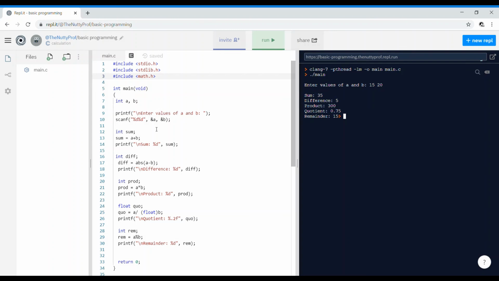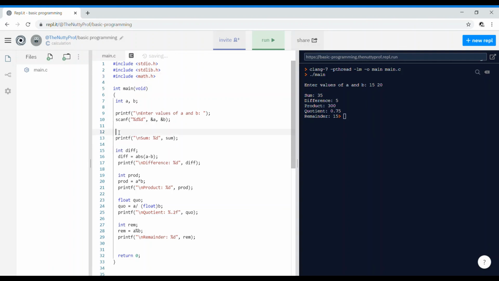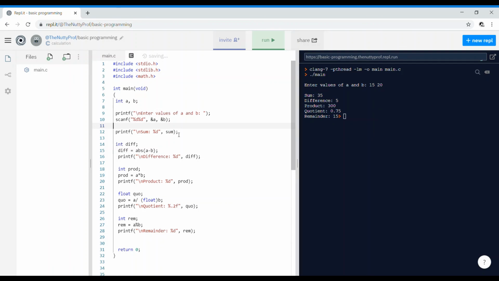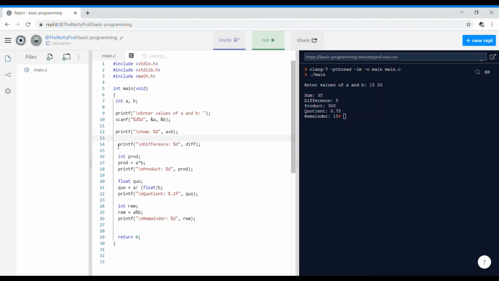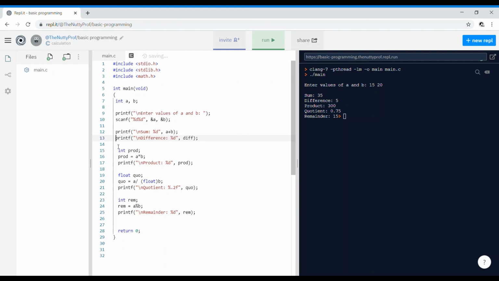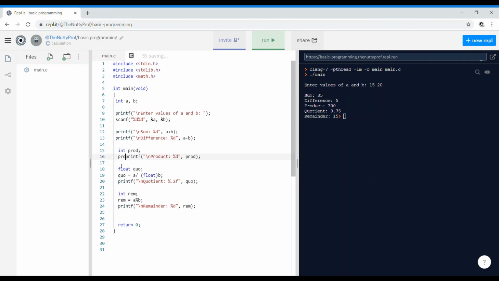Now shortening our program, I'll remove these two because I don't need them, and I'll put the value over here as a plus b. Now difference, we'll see the absolute value later once again, and I'm just putting difference as a minus b right now. Product, we don't need any of these.